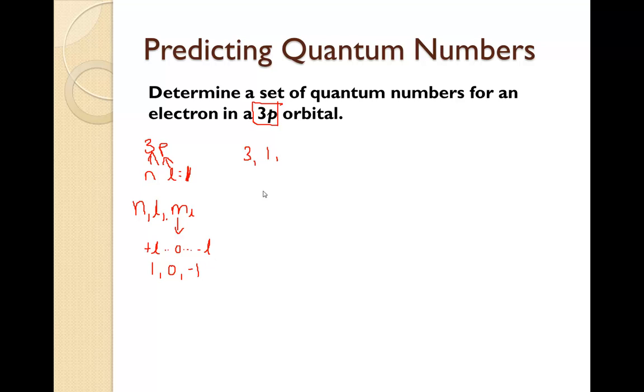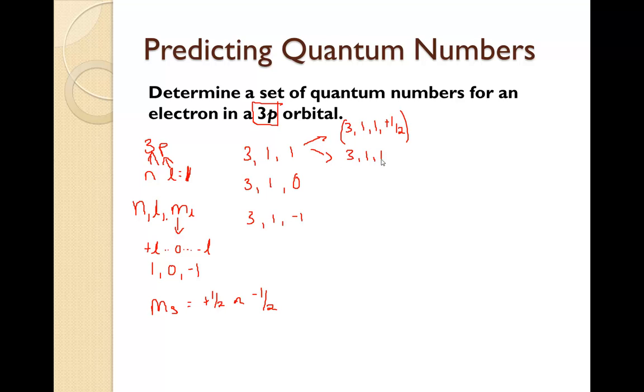Then let's do the next one. 3, 1, 0, 3, 1, negative 1. The last one is M sub S, and that's always going to equal plus 1/2 or minus 1/2. That means we can break all 3 of these into another set. So this can go 3, 1, 1, positive 1/2, 3, 1, 1, negative 1/2.